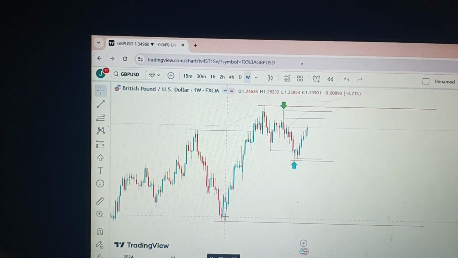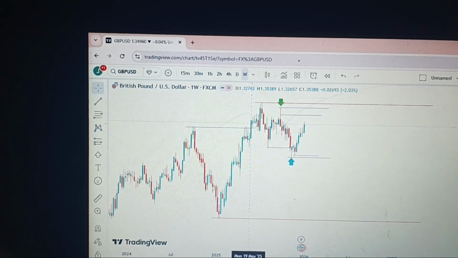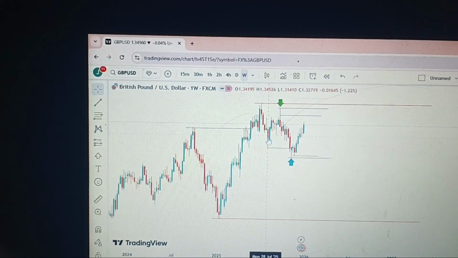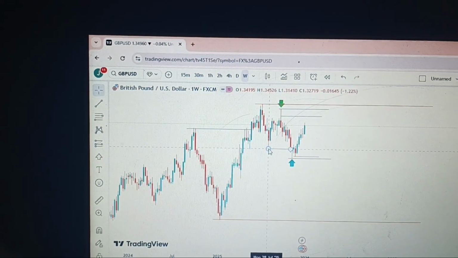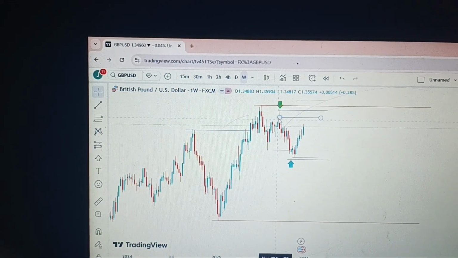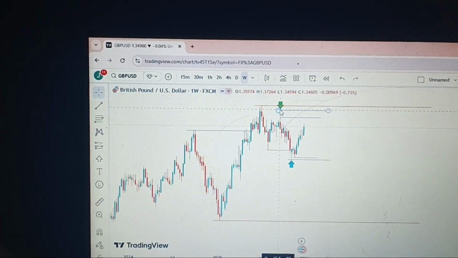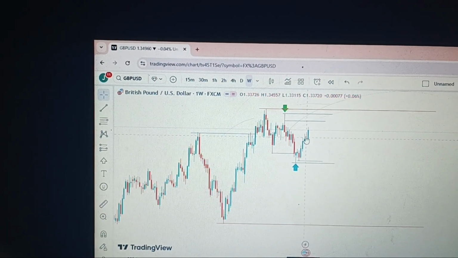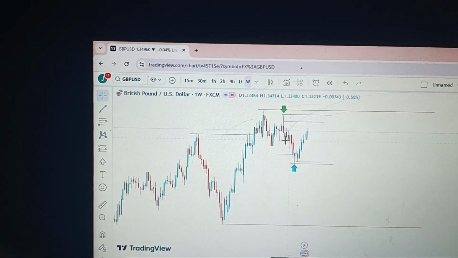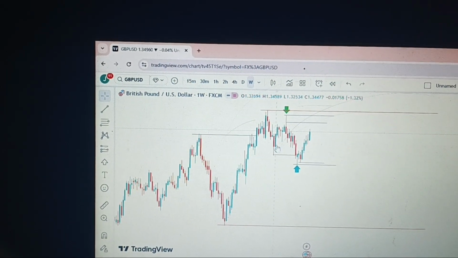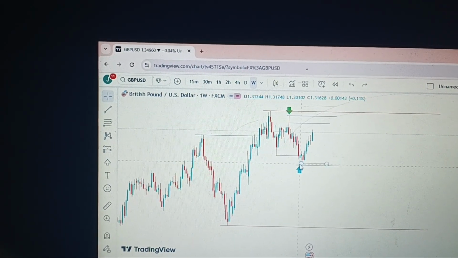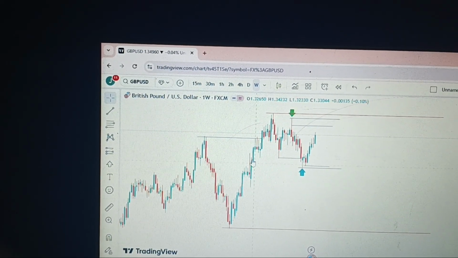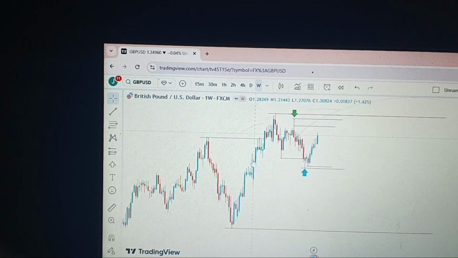Now if you look at this structure from the higher time frame, we have a push, a retracement, a push, a pullback, a drop. Now we can read that this is more like a pullback, a retracement leg, within the weekly structure.